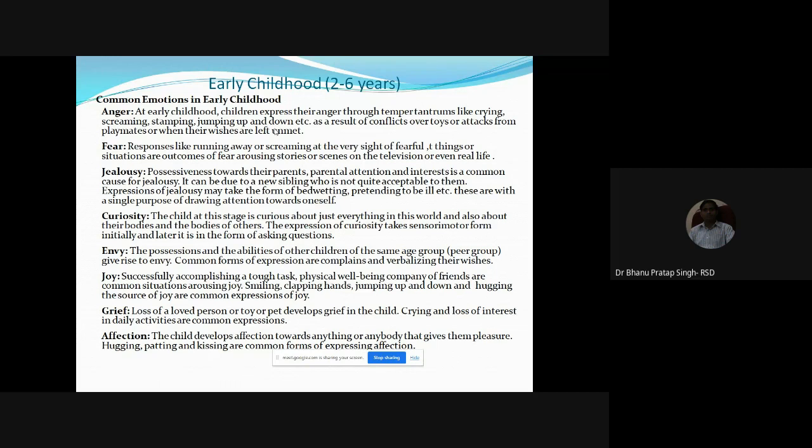Affection: the child develops affection towards anything, meaning whosoever gives them pleasure, hugging, patting, kissing. These are the common expressions by which the child shows affection towards family members and friends. So affection is an early childhood emotion.